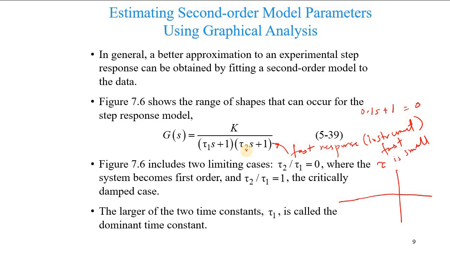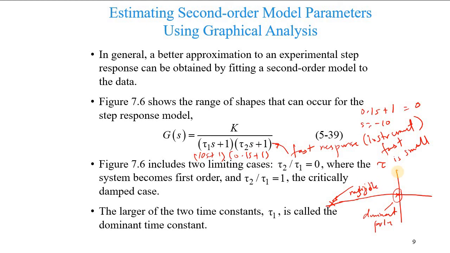If you set the denominator equal to 0, s is going to be something like minus 10, somewhere here. But if you take a slow process like 10s plus 1, multiplied by 0.1 s plus 1, then 10s plus 1 equal to 0 gives s equal to minus 0.1. So that is really very close. This is like a dominant pole, and the other pole will be negligible in comparison to that dominant pole.